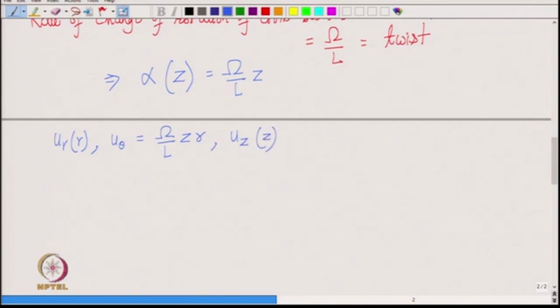So, notice that u theta is completely known here. It is fully known, but of course, omega is the unknown, some constant omega.